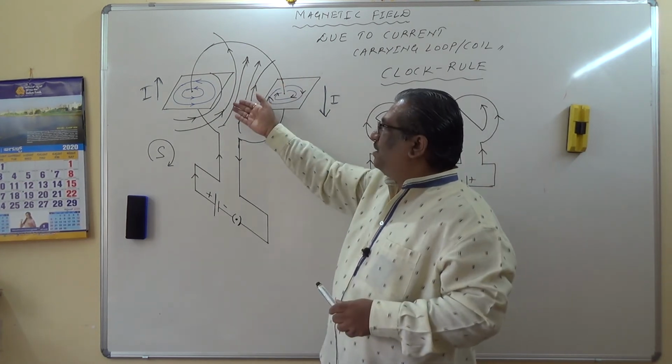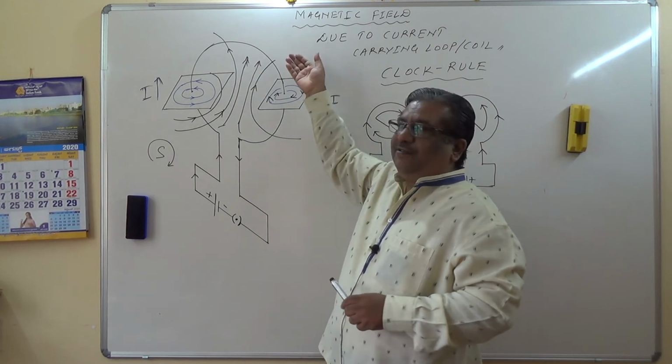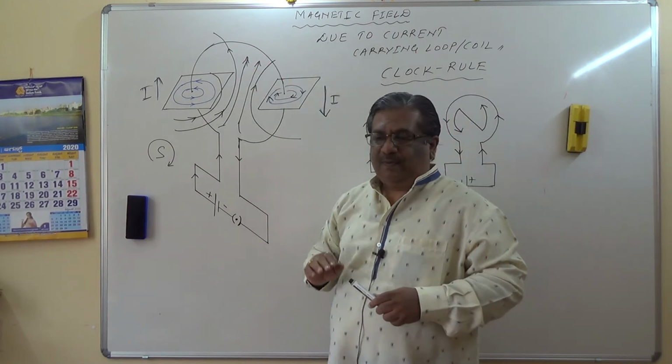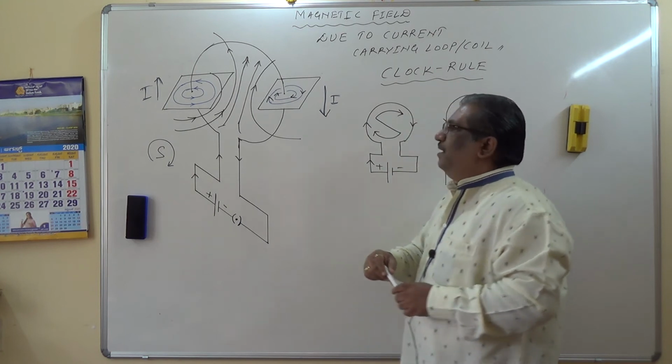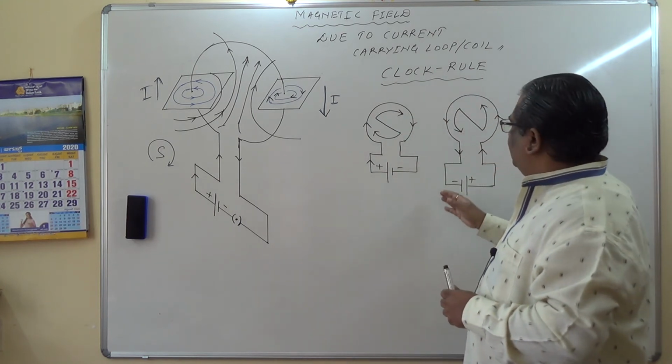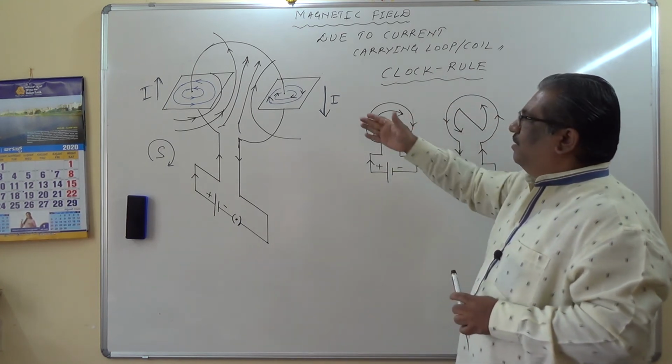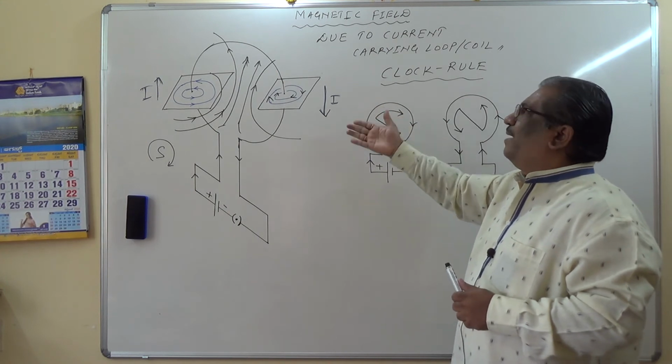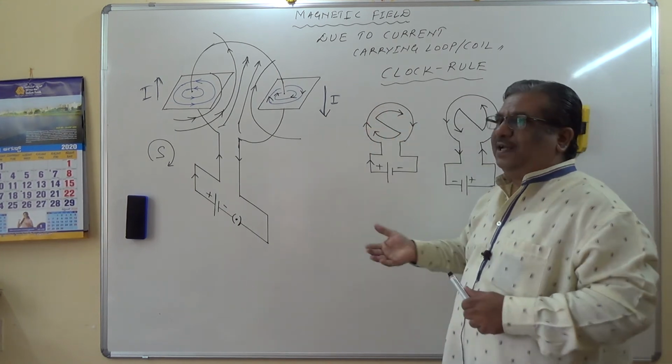So the front face is a south pole and the back face is a north pole. This is identifying the polarity of a particular loop which behaves like a magnet.